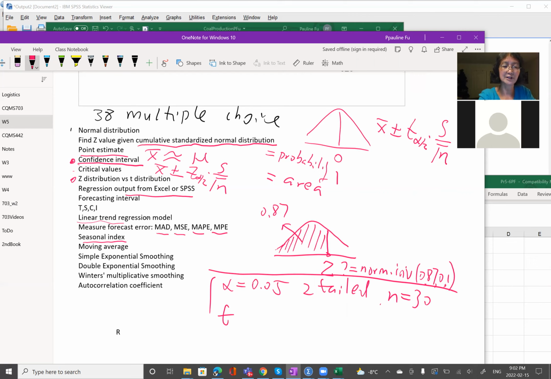At the beginning of class, we did moving average and exponential smoothing. And we reviewed last class double exponential smoothing and Winter's multiplicative smoothing. And autocorrelation, the first two classes.